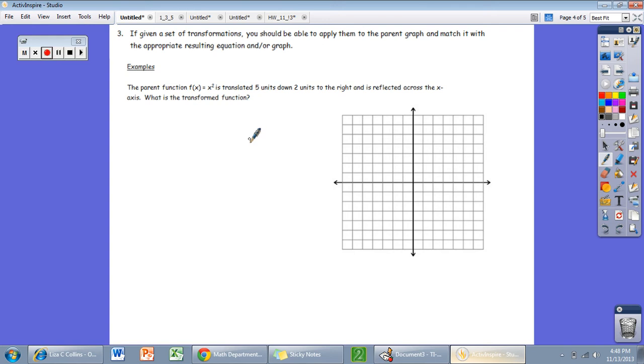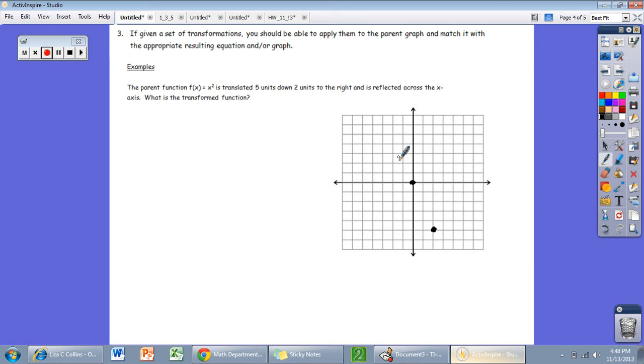What is the transformed function? So if I'm going 5 units down and 2 units to the right, I gave you this graph so you could use it to work from. F of x equals x squared starts here. So 5 units down and 2 units to the right would be here.